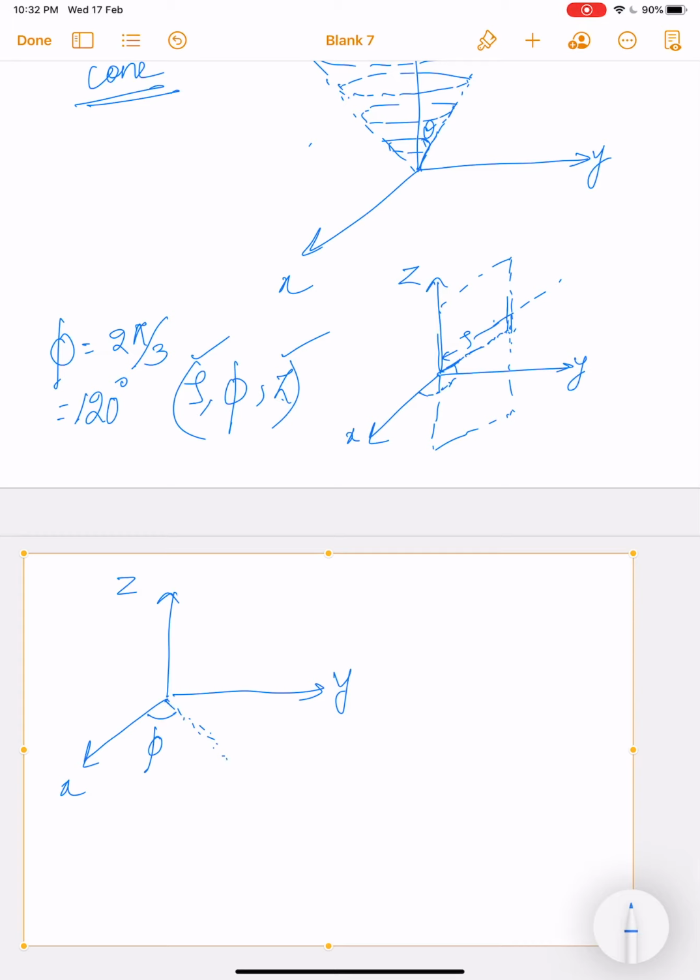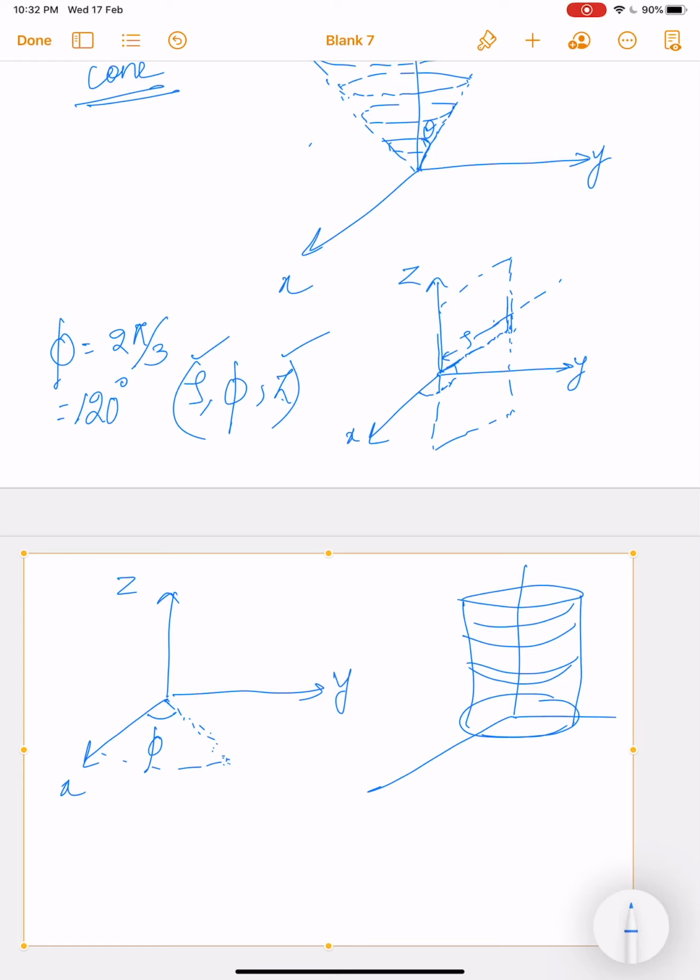How do you draw it? It's like you draw a part of a cylinder. You draw a cylinder like this, whose surface goes like this, and this is phi varying from 0 to the full 2 pi.